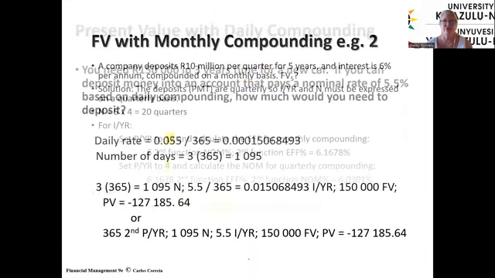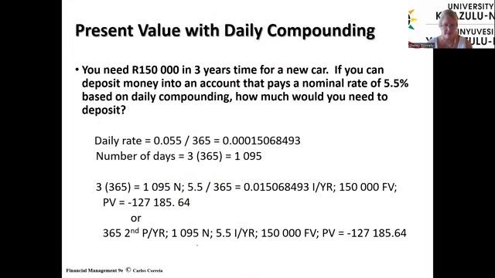I said that you don't really need to worry about continuous compounding, but here we've got daily compounding. You need 150,000 in 3 years' time for a new car. You can deposit money into an account that pays a nominal rate of 5.5% based on daily compounding. How much would you need to deposit?